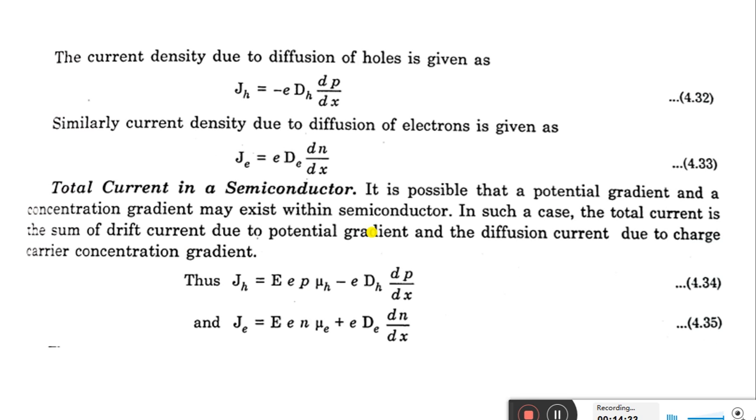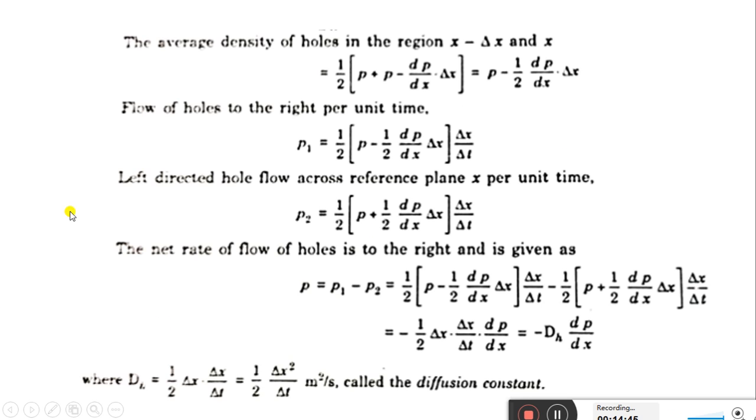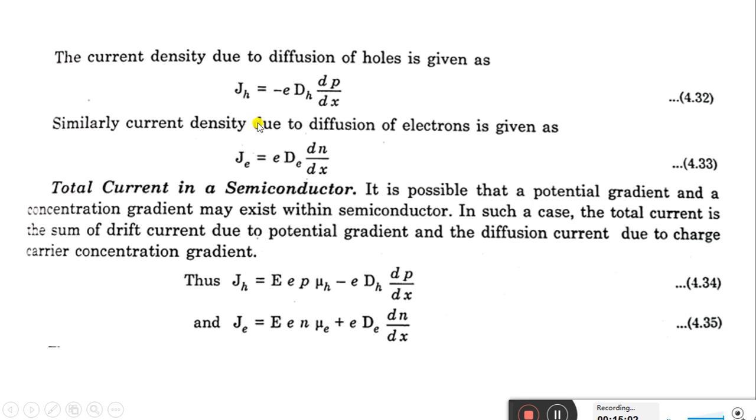Now let us see in the next case the current density due to the diffusion of holes. What is the current density? The current density due to the diffusion of holes is given by minus DH into dp by dx. So this is the net rate of flow of holes. Now we are going to find the current density JH.